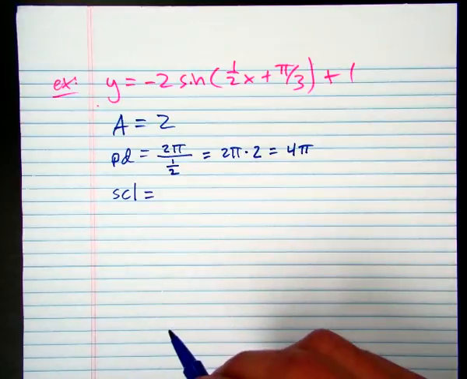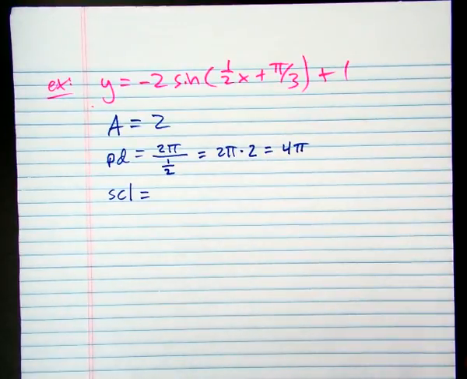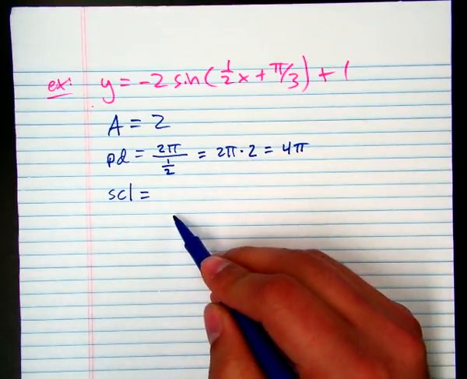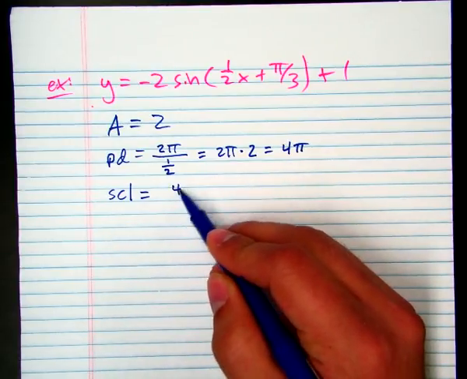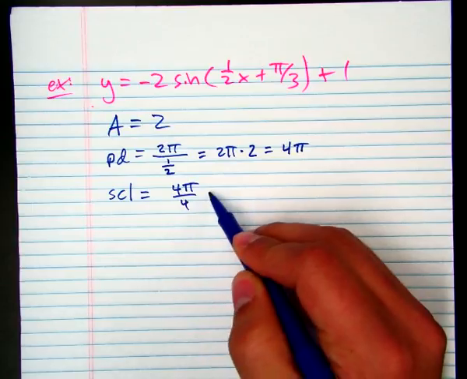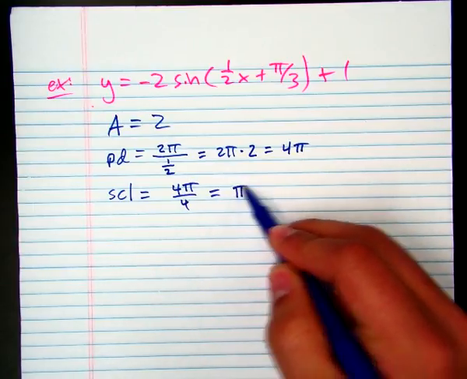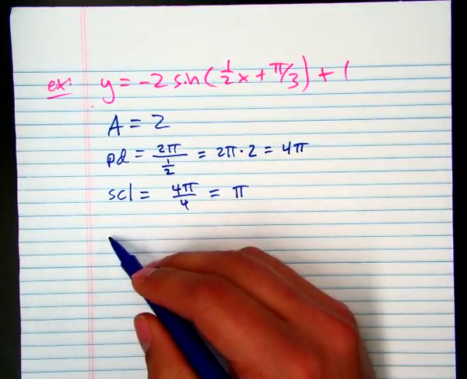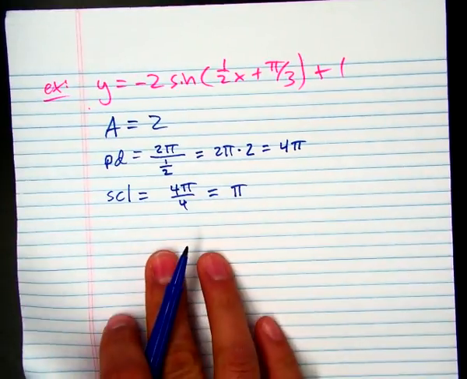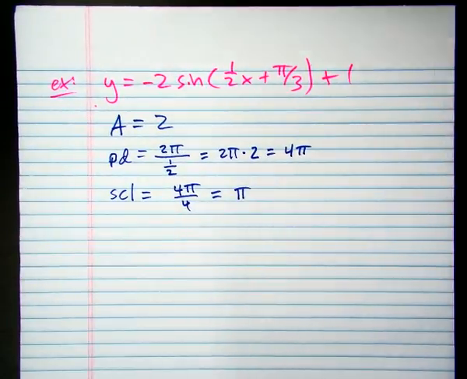How do I find that? What over 4? The new period. So what's the scale? We're going to count by pi's. Easy enough. The other one we counted by pi over 4.